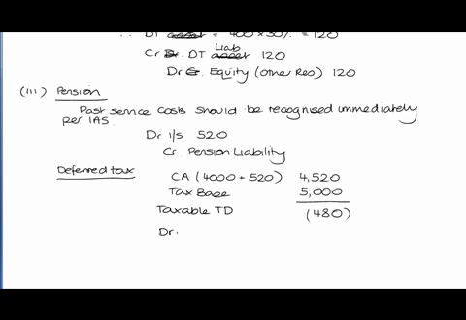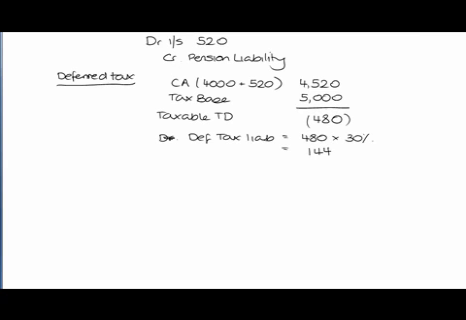So therefore what we're going to do is we're going to say that our deferred tax liability is 480 times 30%, which is 144. So we credit deferred tax liability 144, and we debit the income statement 144.